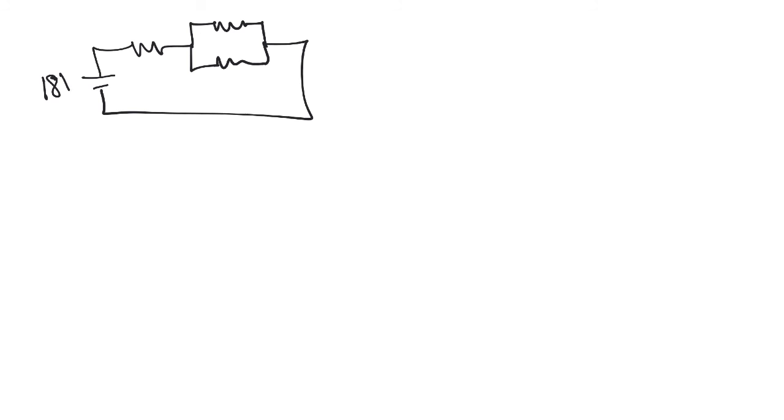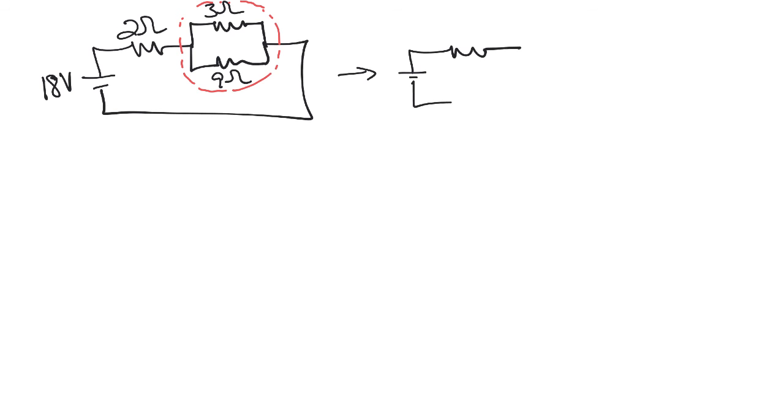So let's say that's 18 volts, let's say that's 2 ohms, 3 ohms, 9 ohms. So when we're trying to figure out the equivalent resistance, look at that first. The equivalent resistance of that, which we just did on the previous slide, was 9/4 of an ohm, okay?